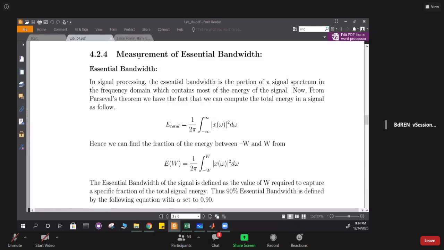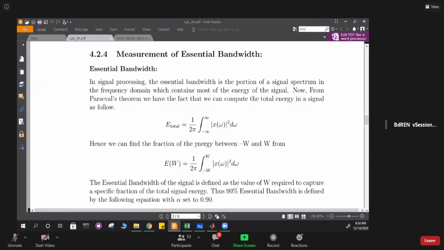So what we'll do is measure this essential bandwidth. It will be a variable, how much energy we want from that signal, and then we'll calculate what the bandwidth will be for that particular percentage of energy of that signal. If we want to calculate the E total for a signal in the frequency domain, we get it from Parseval's theorem, so this is our equation.